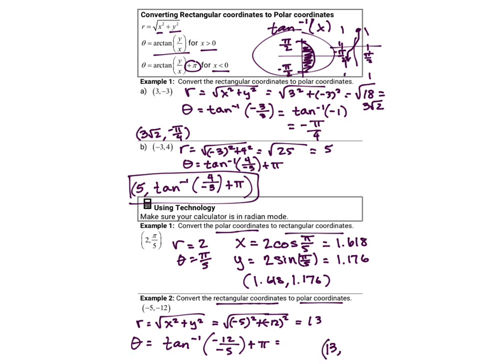You could either put both of them or put neither of them. But you know that x is negative, so you have the plus pi on the end. 4.318. Not bad?